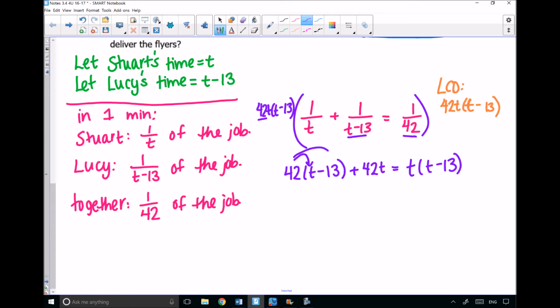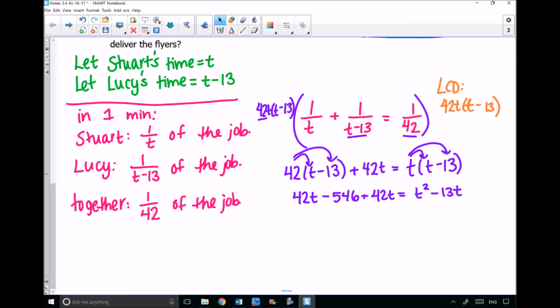So I'm going to distribute the 42 through, so I get 42t minus 546 plus, just copy down the 42t, and then this t right here, I can distribute this through, so I get t squared minus 13t.